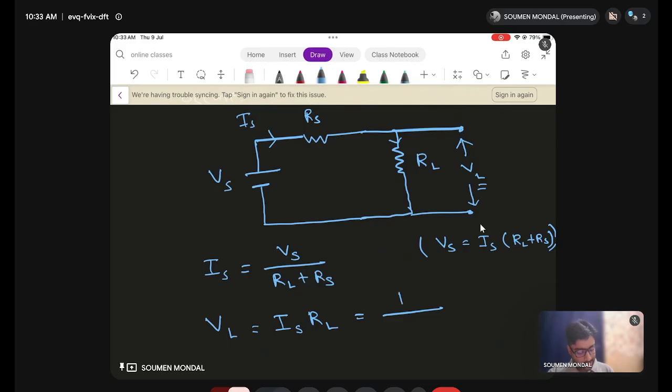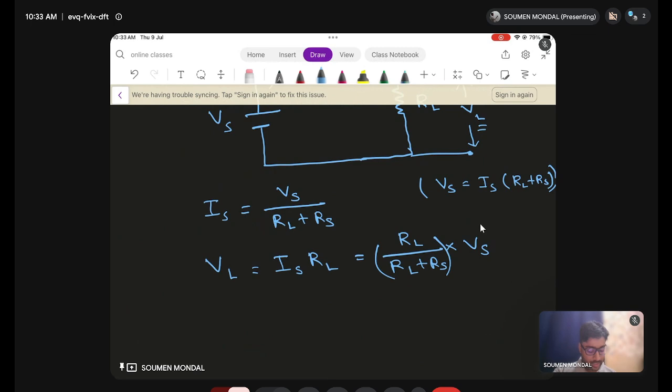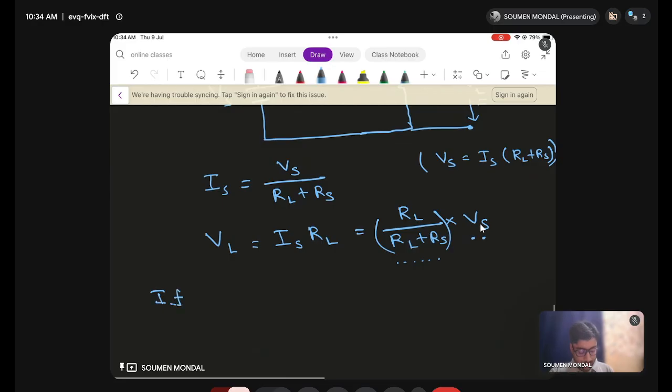So we can write VL equals RL by RL plus Rs times Vs. The factor RL by RL plus Rs is dimensionless, so the voltage across the load becomes a ratio of resistances times Vs. Now if this VL is greater than Vz, breakdown occurs.